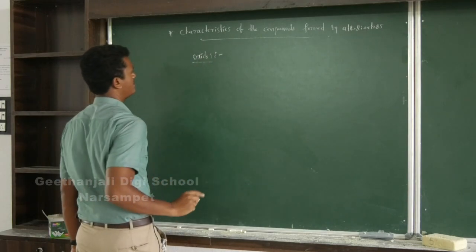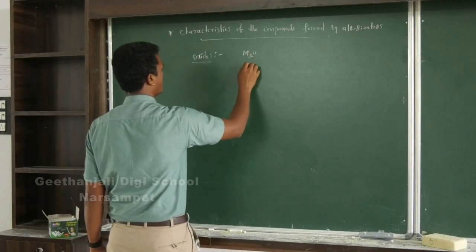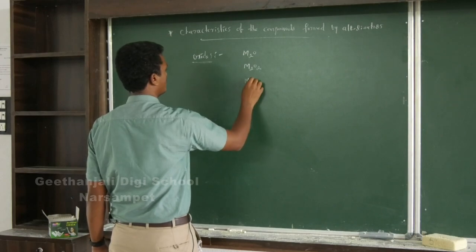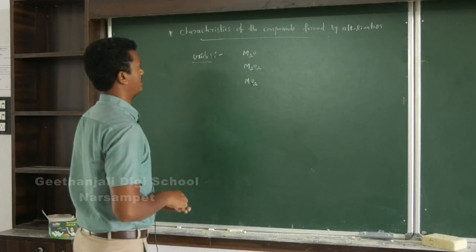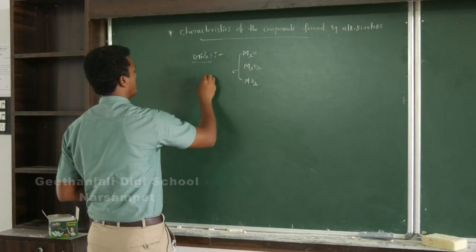When alkali metals react with oxygen, they form three types of oxides: M2O type of monoxides, M2O2 type of peroxides, MO2 type of superoxides. These oxides are basic in nature.